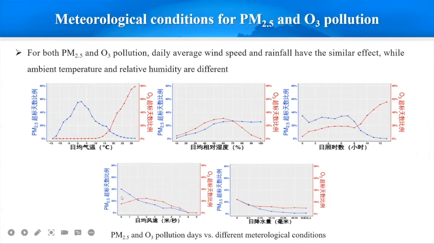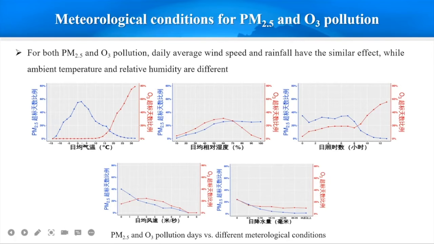Here we can see that when the wind speed goes larger, the PM2.5 and ozone pollution days decrease. And for rainfall, if we have much larger rainfall, the PM2.5 and ozone pollution will decrease.